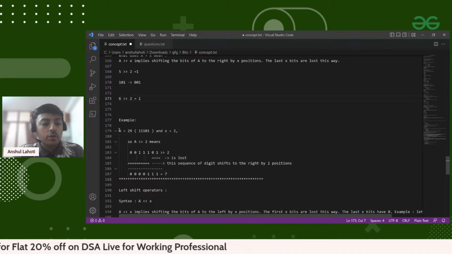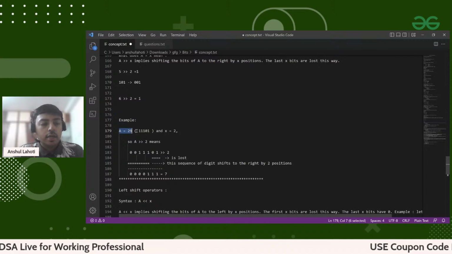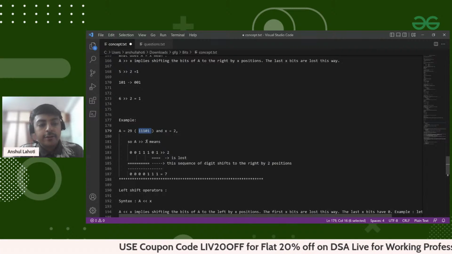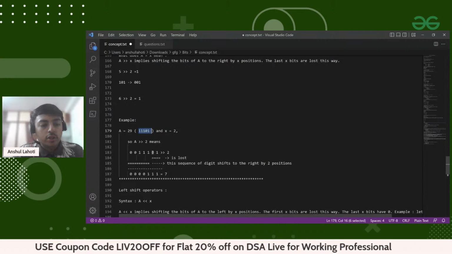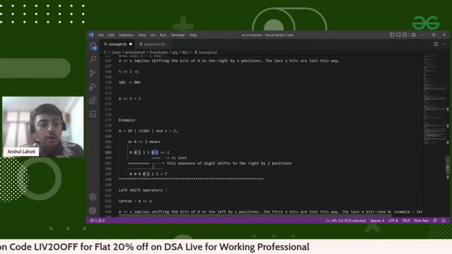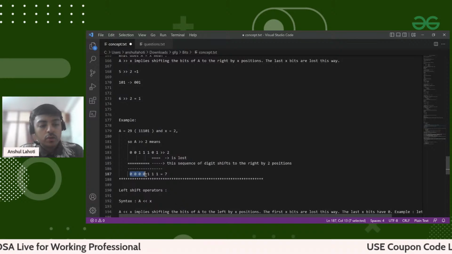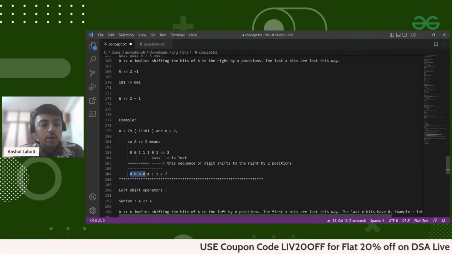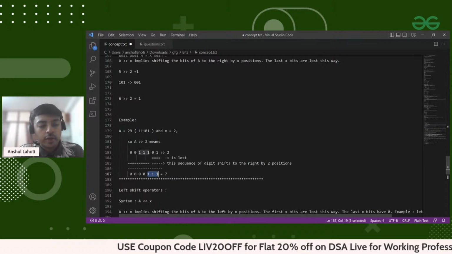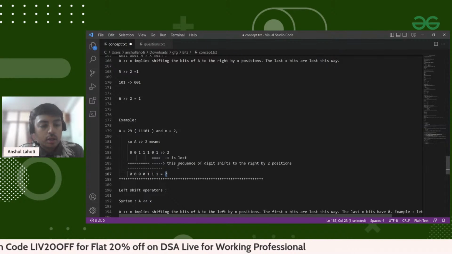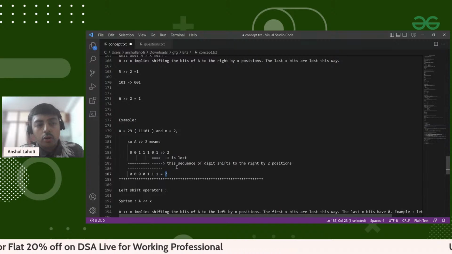Here a is 29, and the binary representation of 29 is this, and x is 2. So a right shift 2 means we will lose the last two bits, and the output will be 0 0 0 0 followed by the remaining bits. All the starting zeros are useless, so we have this value left behind. The output will be 7.